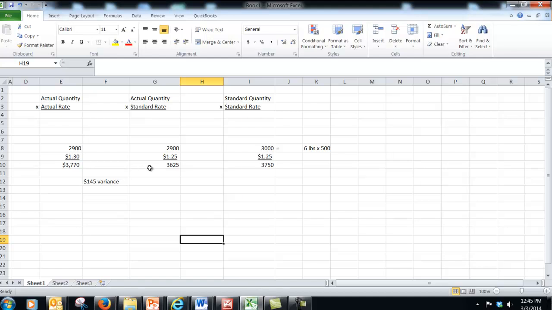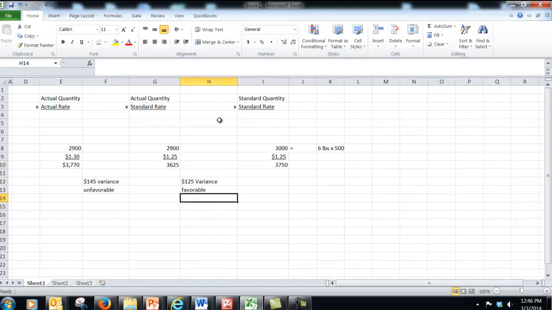If we were able to use the standard rate, it would have cost us $3,625, but because we had to pay an extra 5 cents per pound, it cost us a $145 difference. Because it cost us more, we would call this an unfavorable variance. It would be favorable if we did it for less than what the standards were.